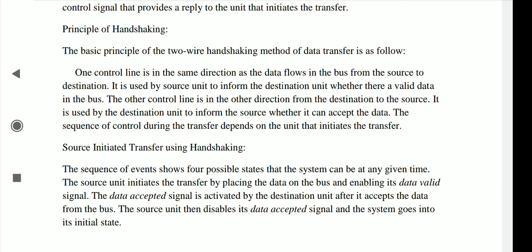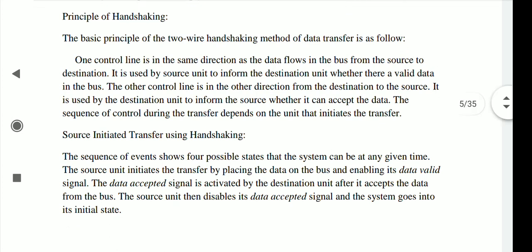It is used by the source unit to inform the destination unit whether there is valid data on the bus. The other control line is in the other direction, from destination to source. The sequence of control during the transfer depends on the unit that initiates the transfer.